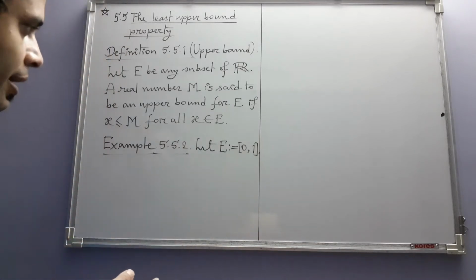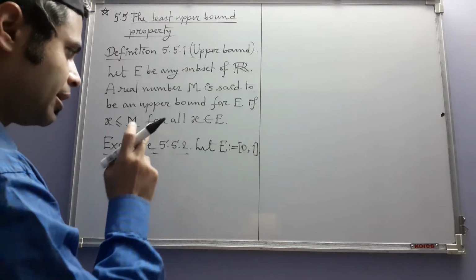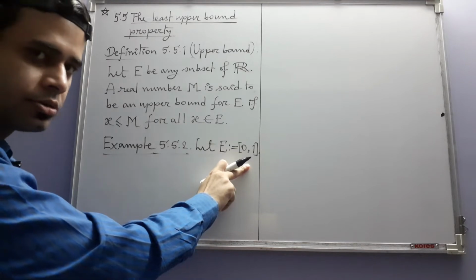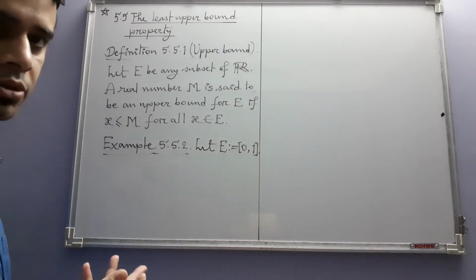Then you can see that 1 is an upper bound for E, because by the very definition of this closed interval, every element in E is less than or equal to 1.